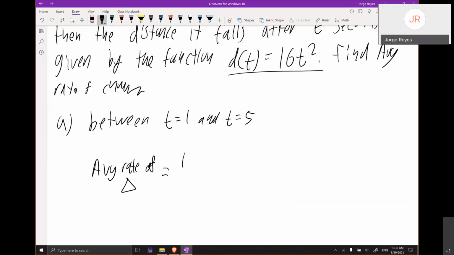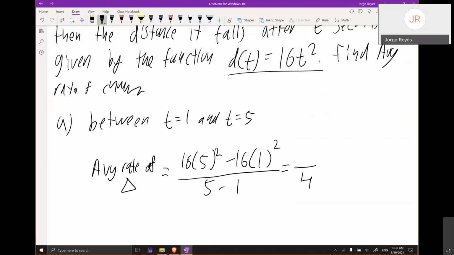Calculator probably required for this. 16(1). 5 minus 1 is 4. So 4, so 16 times 25 minus 16. Let me try and do something fancy.